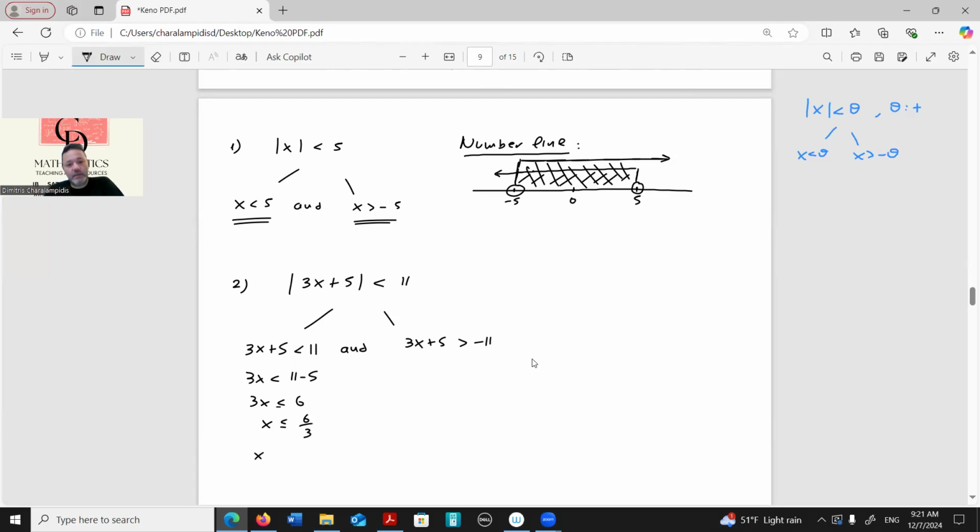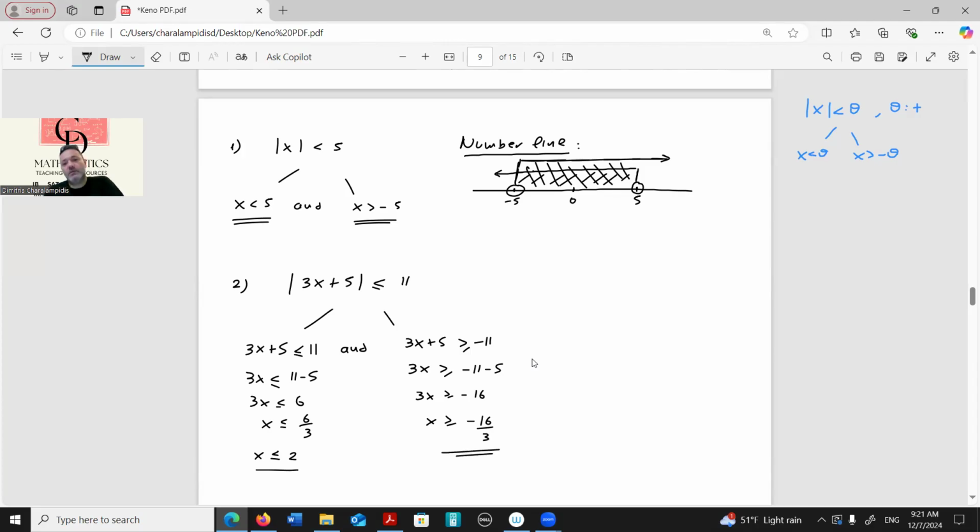I'm going to make that less than or equal so that we can see a different symbol in the number line: x smaller or equal than 2. And at the same time, 3x greater or equal than negative 11 minus 5, so 3x greater or equal than negative 16. x should be greater or equal than negative 16 over 3.